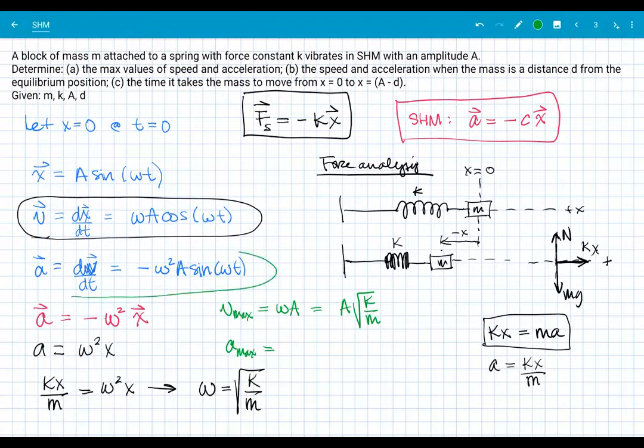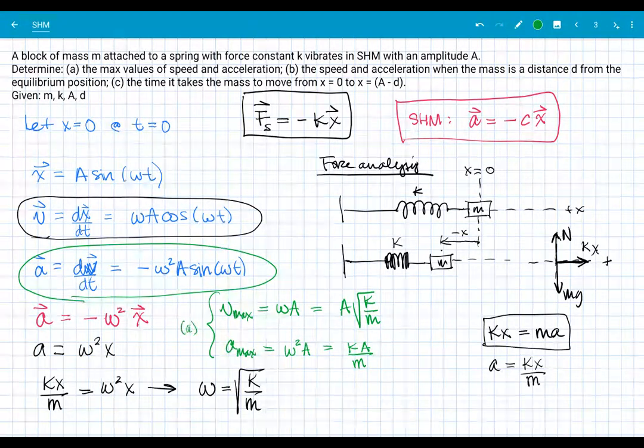I'll look at my acceleration function here, and I can see that the maximum value of sine is going to be 1, and I'm just looking at magnitude here. So the maximum acceleration will be equal to omega squared times a, which in this case will be k a over m. So this here is my answer for part A.